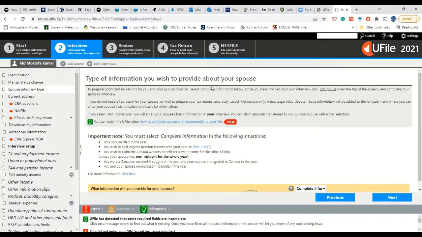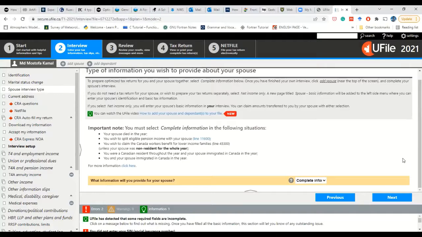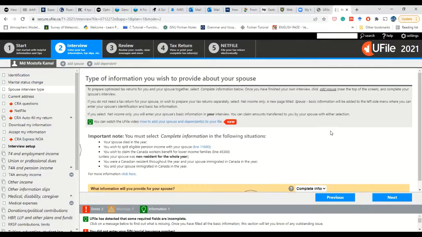Type of information you need to provide about your spouse. So this is important. As I said, you are the principal applicant, and now you will submit your spouse's tax return as well here. So now the question is what kind of information of your spouse you want to provide. It is always recommended that you provide all the information this tax file is asking.